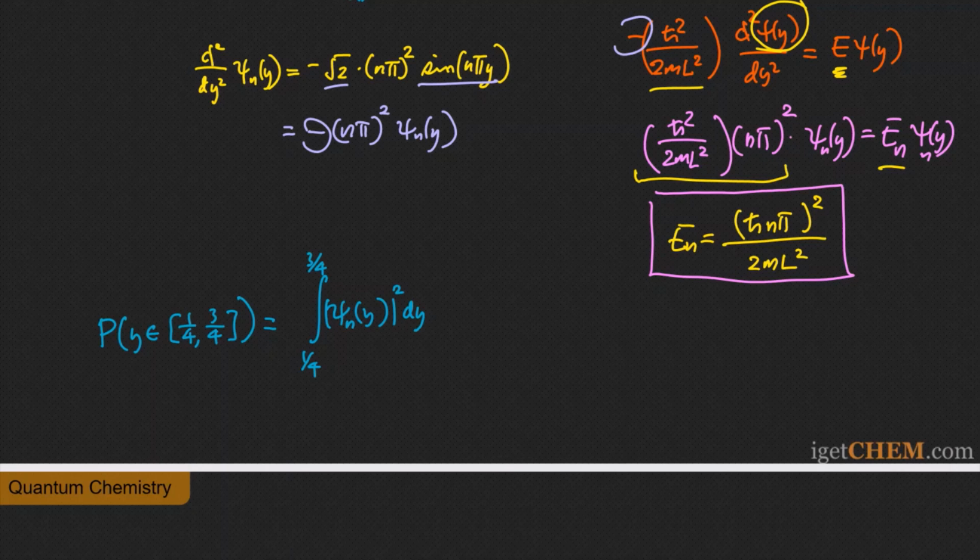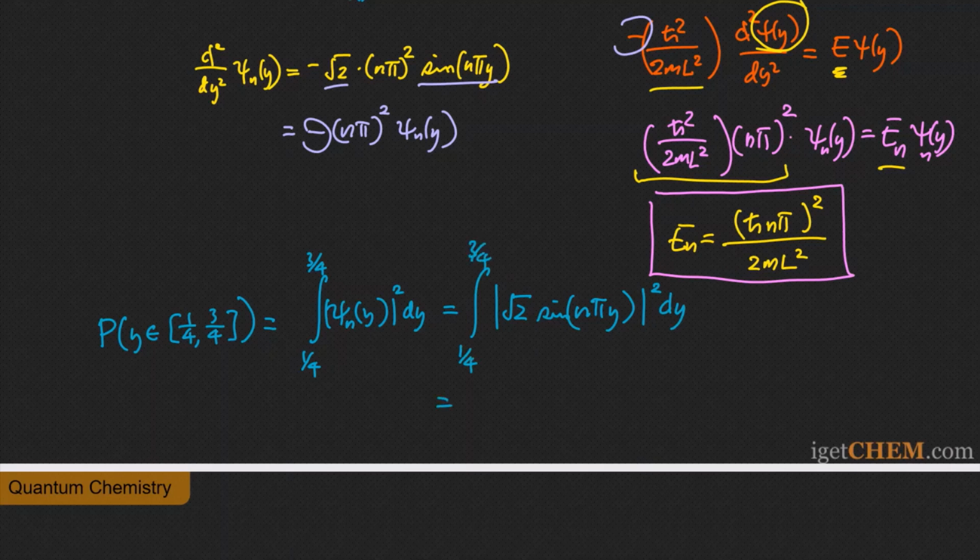So continuing this, we know that the psi function is √2 sine n pi y, and this is now squared, and I'm integrating from 1/4 to 3/4.